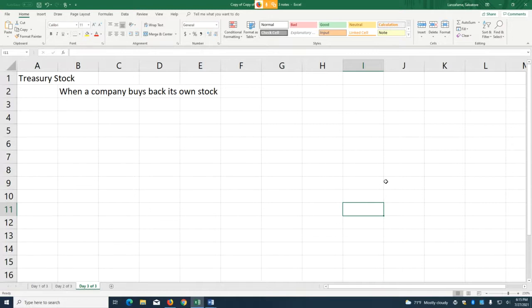Nobody can touch these stocks until the company decides to reissue them to the market, and then you have to do some more journal entries associated with that. So when a company buys back its own stock, the journal entry typically looks like this.